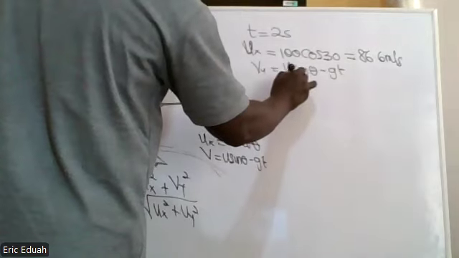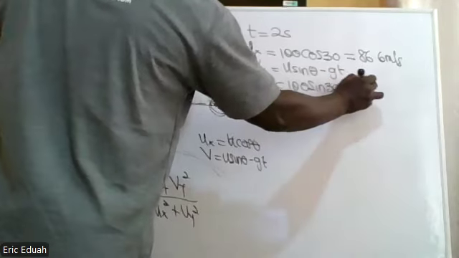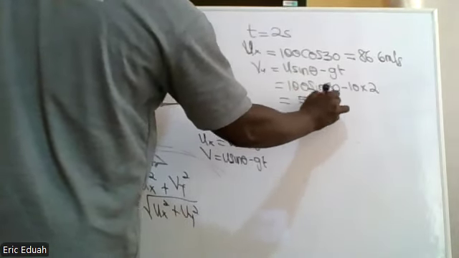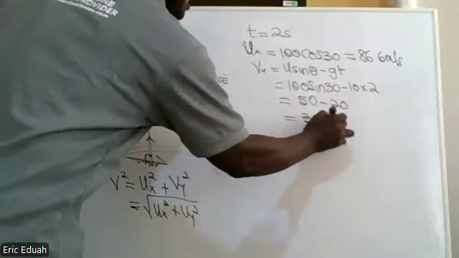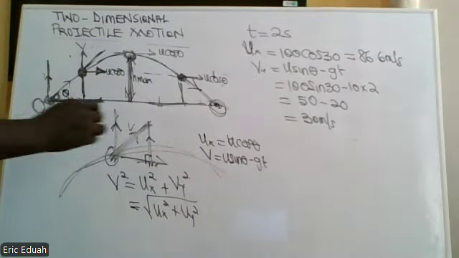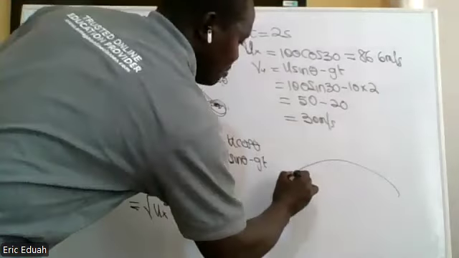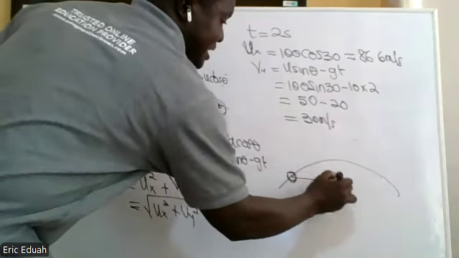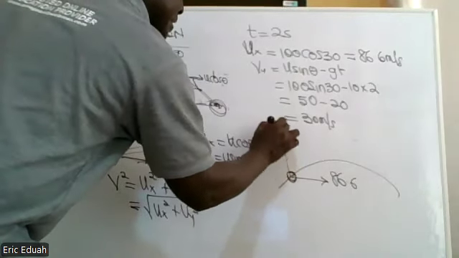So this is 100 sine 30 minus 10 times 2. So 50 minus 20, giving us 30 meters per second. What it means is that at 2 seconds, there will be this velocity 86.6, and then a vertical one which is 30.